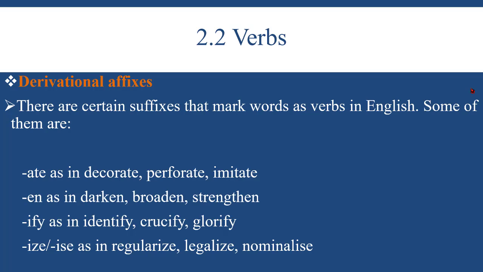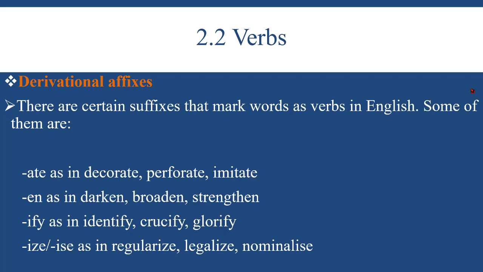Some of them are -ate, as in decorate, perforate, imitate; -en, as in darken, broaden, strengthen; -ify, as in identify, crucify, glorify; -ize or -ise, depending on British or American accent, as in regularize, legalize, nominalize. So these are the suffixes that are used to determine verbs.